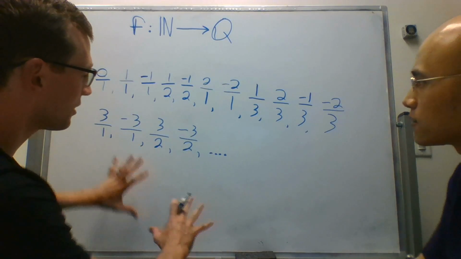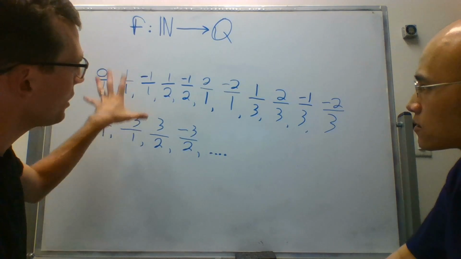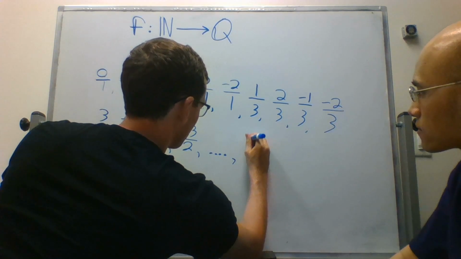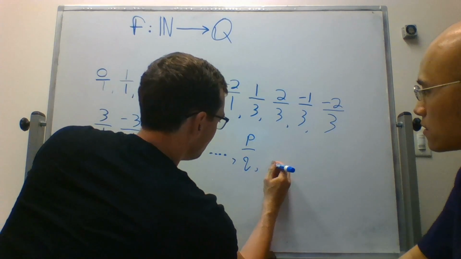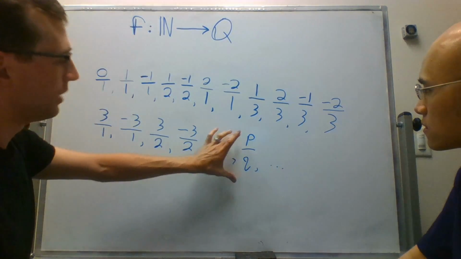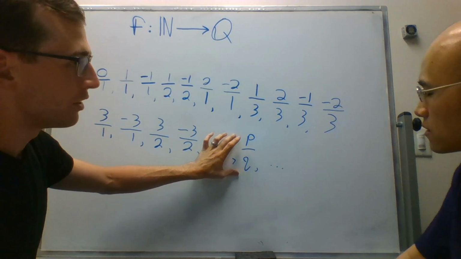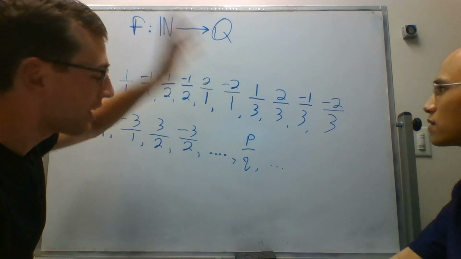Exactly. And that's the beauty of this mechanism: if you keep enumerating in this fashion, eventually for each P over Q, where P over Q are in lowest terms, you will reach that value. It might take a long time. It might be the fifth number, but it might be the 10,000th number.